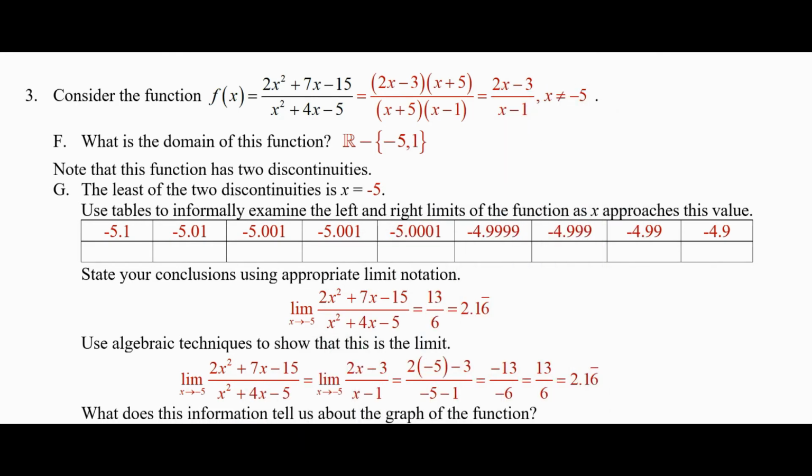So let me type some of those in here. 2.1639, 2.1664, 2.1666, and then 4, and the next one. Oops, I got the same one in there twice.